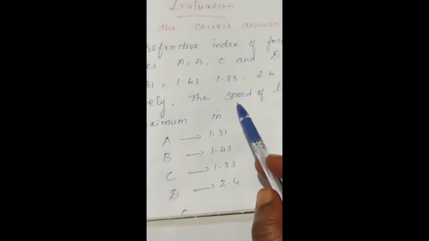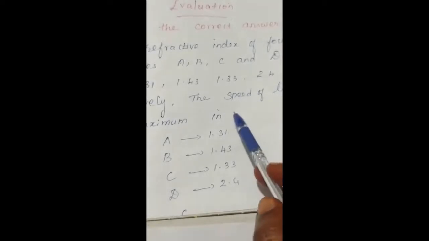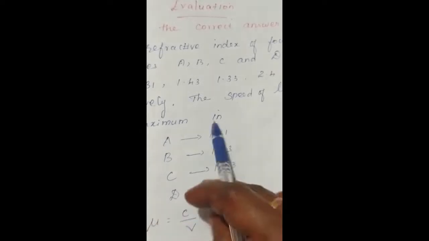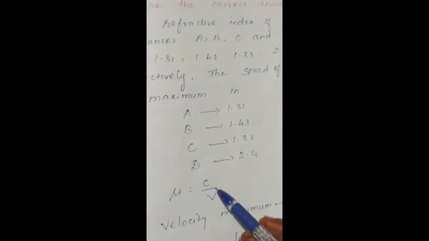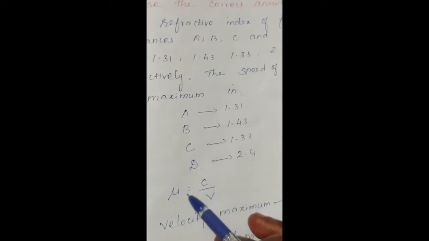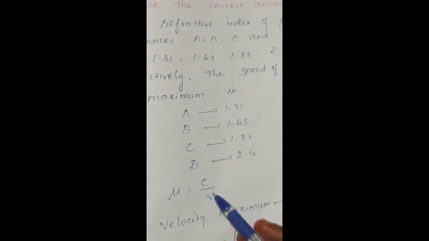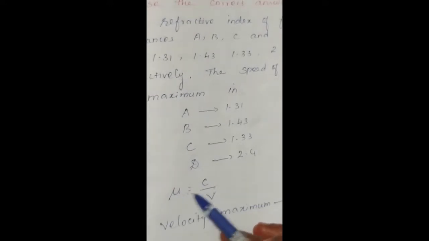So how to find in which medium the speed of light is maximum? You have already learned one relation: mu is equal to C by V.